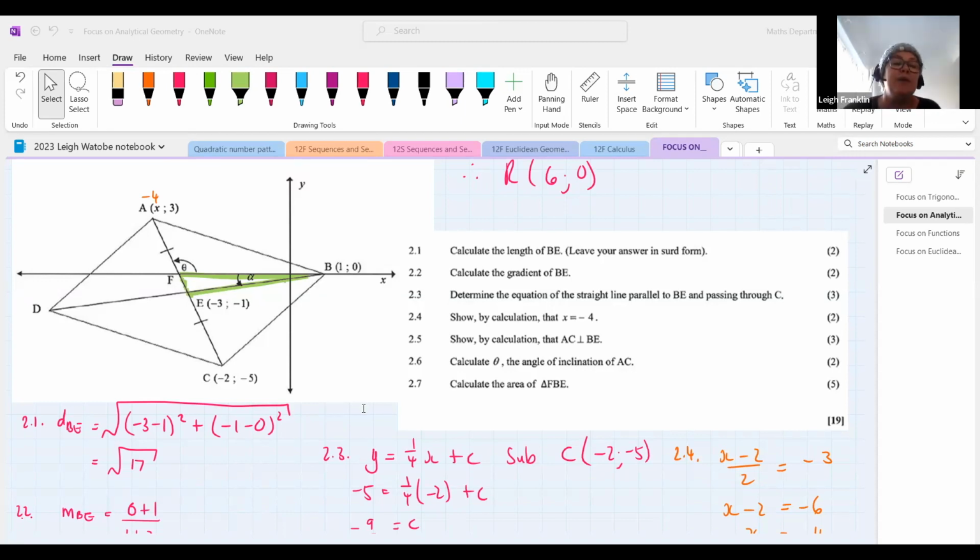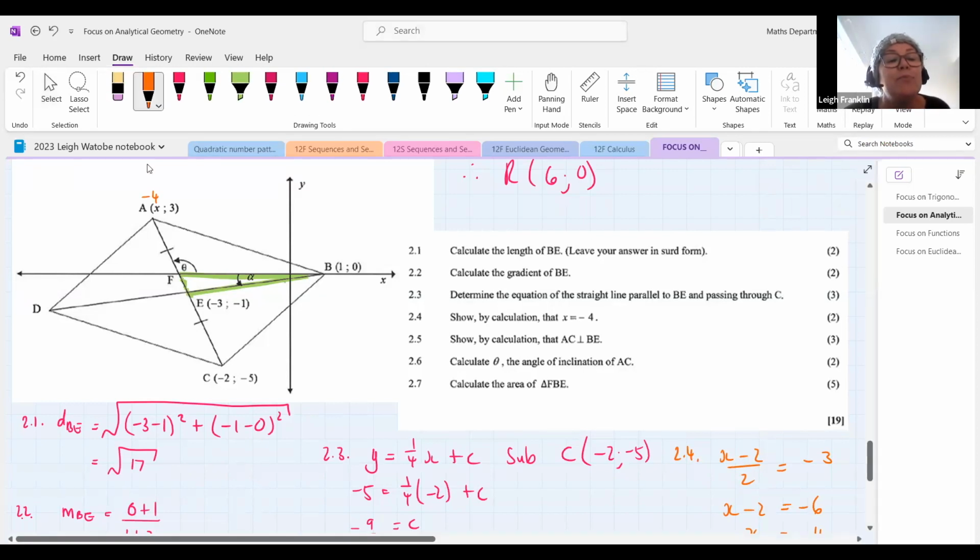What we could do here is, because we have the coordinates at E, you know the distance from here to the x-axis. If I treat line FB as the base of the triangle, then this little orange line that I'm highlighting now would be the perpendicular height.